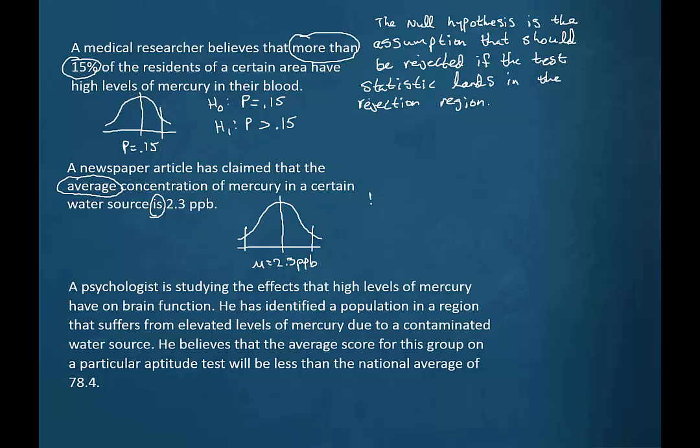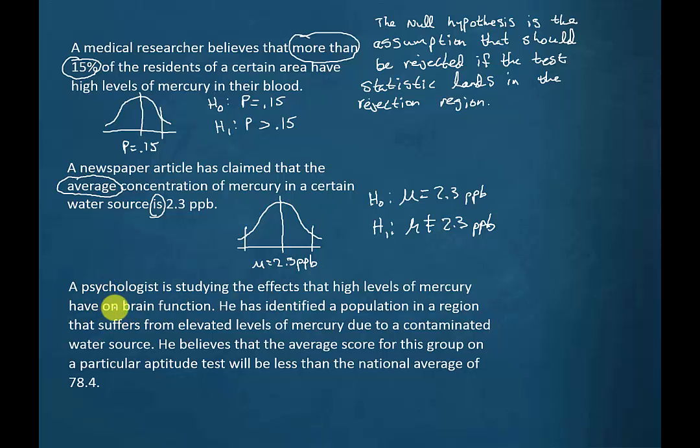So our hypotheses in this case would be mu, a mean this time, equal to 2.3 parts per billion, and mu not equal to 2.3 parts per billion. So in this two-tailed test, the hypotheses are equals and not equals.